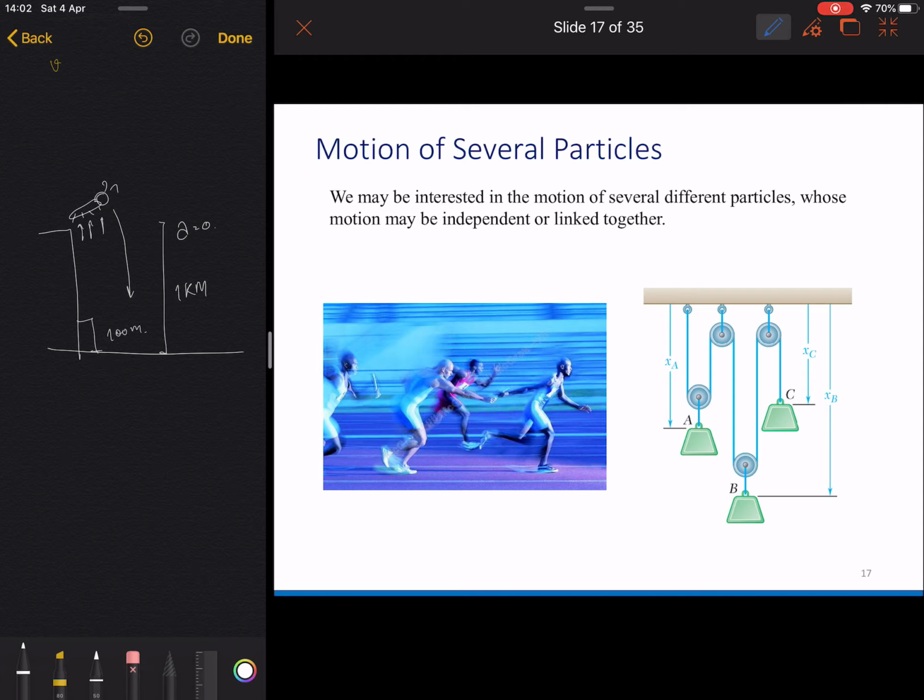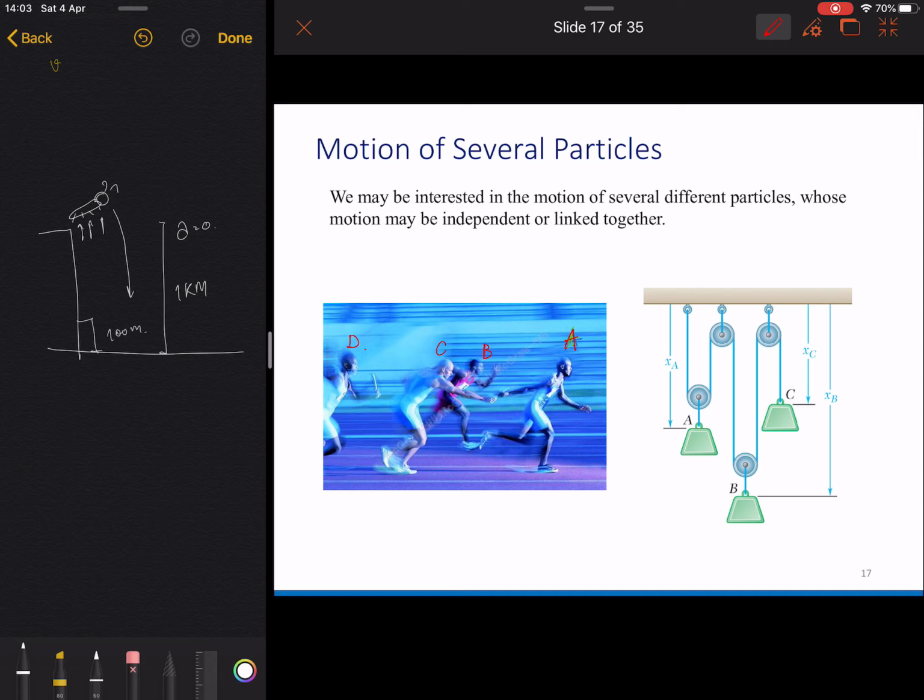Then maybe you are also interested in several different particles whose motion may be independent or linked together. For example, if you have different people here, Mr. A, Mr. B, Mr. C, Mr. D. There are 4 runners, and they have different speeds, and they are independent of each other, so it's not linked.